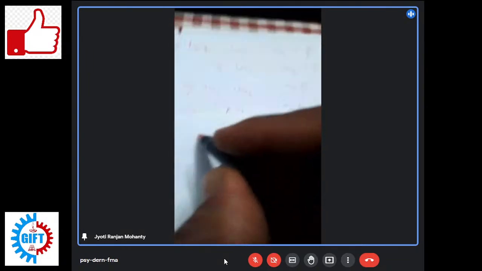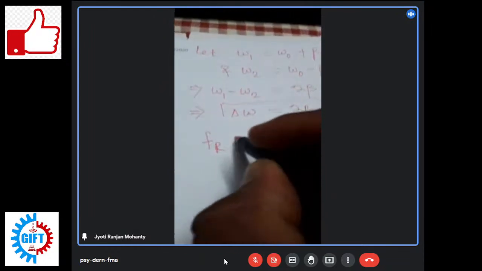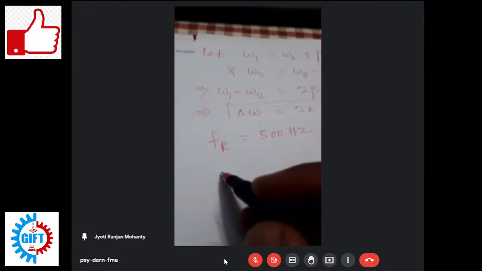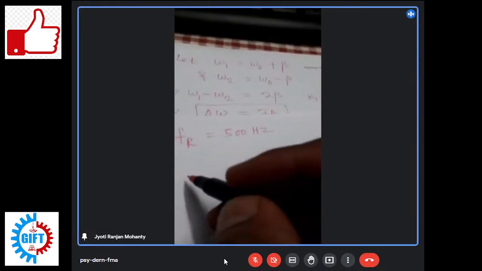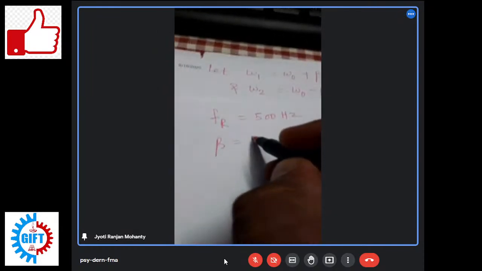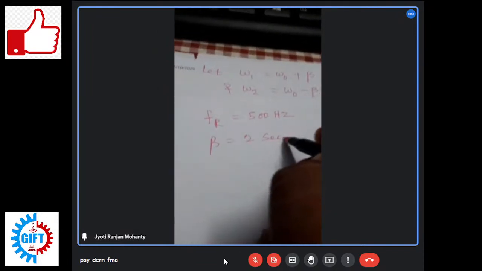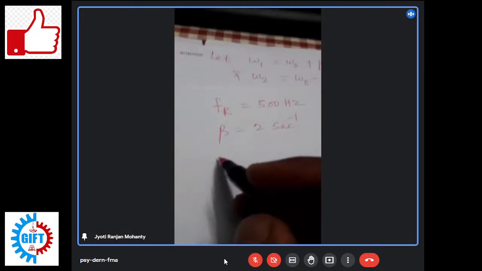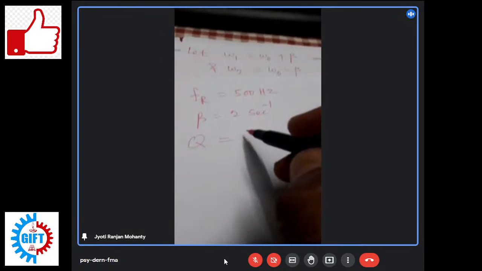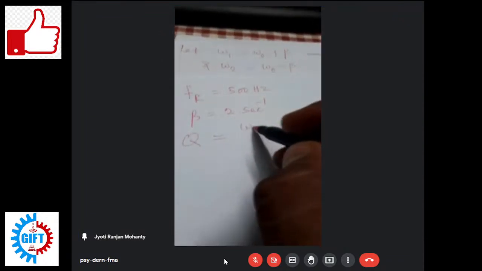So in our question, FR is equal to 500 hertz, beta is equal to 2 second inverse. We have to find quality factor. What is the formula? Chidambaram, quality factor is equal to omega R by 2 beta.